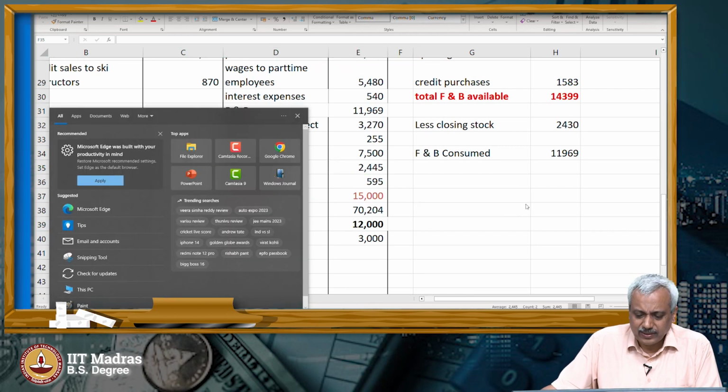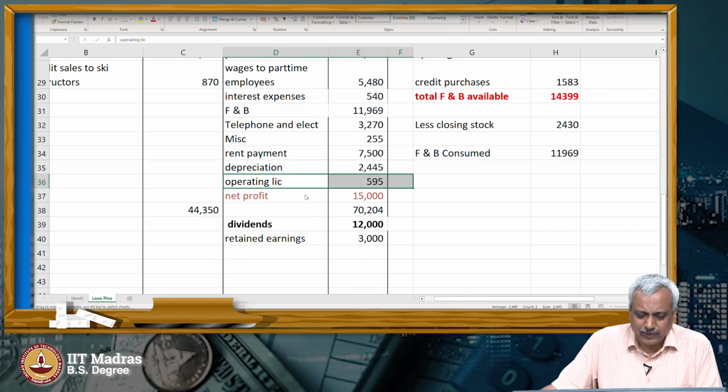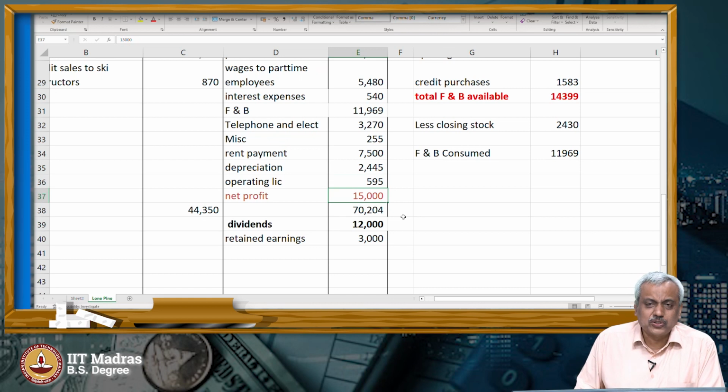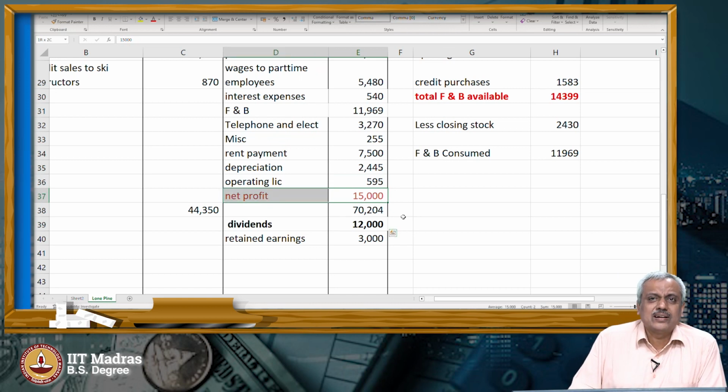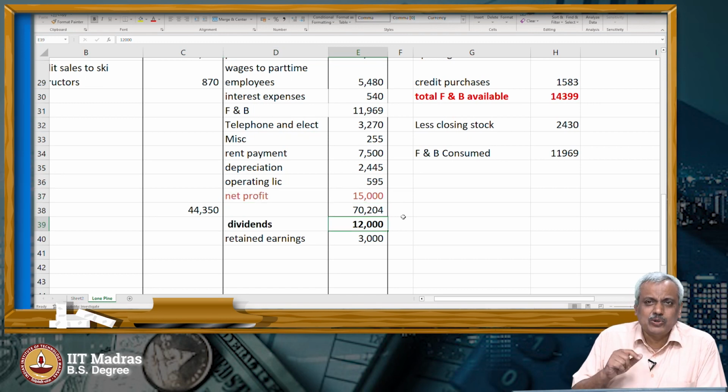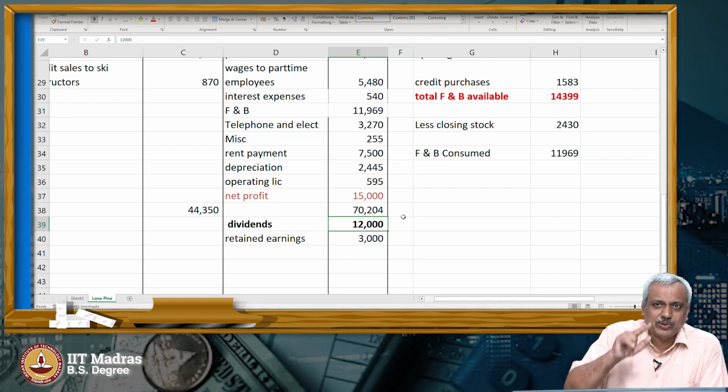This $15,000 belongs to the shareholders. Out of that, $12,000 I have distributed. That means the remaining $3,000 is not yet distributed. The shareholders' money is with me.